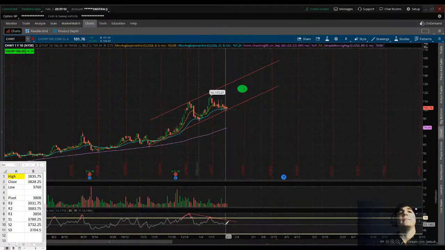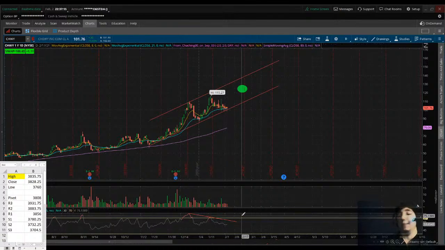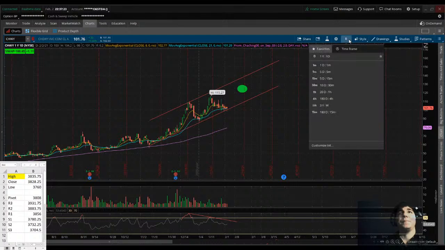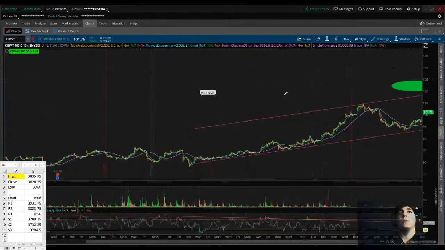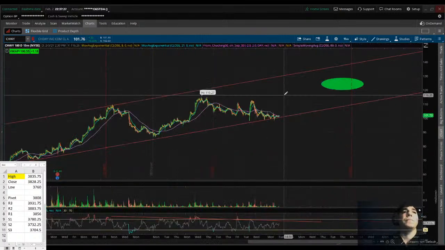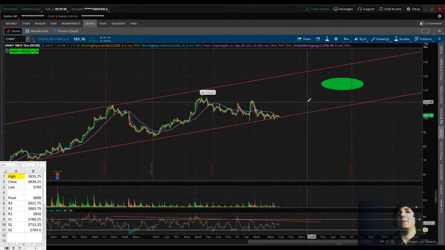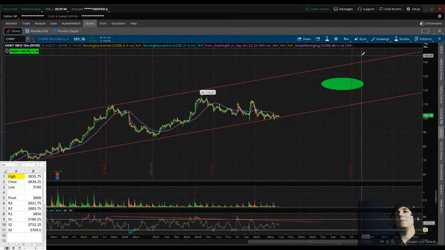So I would like to see the RSI go up and over this level. To me, that would confirm the strength that we need to see here. So I wouldn't bail on this trade, just because, like I said, we are hugging that channel right now.